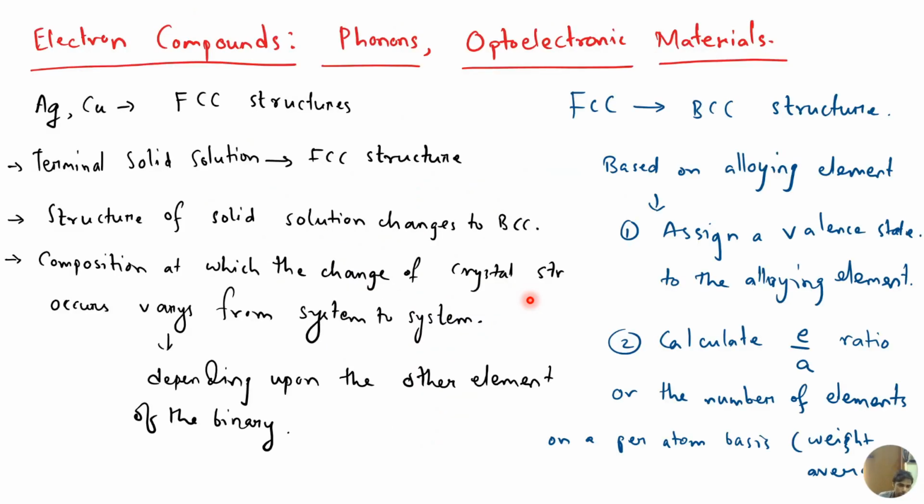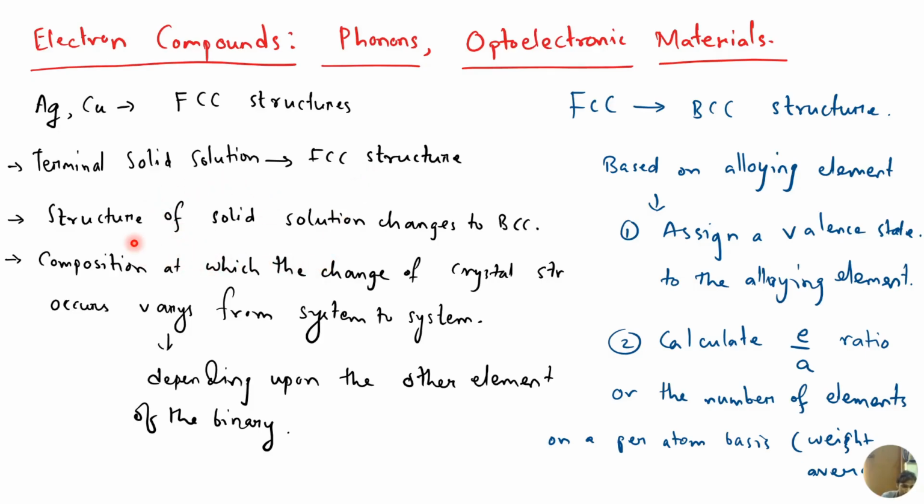Now let us talk about electron compounds. For example, most conductors like silver and copper are in FCC structures. They can be doped in certain quantities to form a terminal solid solution, and they will mostly be in FCC structure.